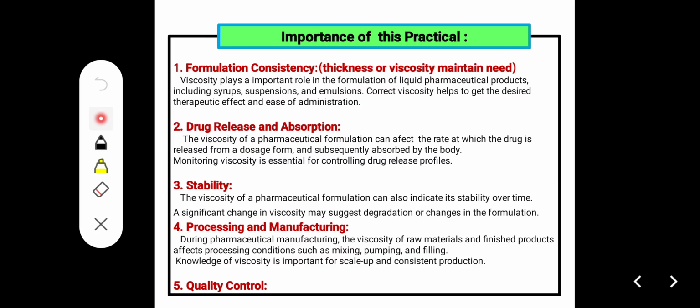So formulation consistency, drug release and absorption, stability, processing and manufacturing, and quality control. Absorption also depends, as well as bioavailability. So that's why viscosity is important, and to get a proper viscosity, monitoring is needed.